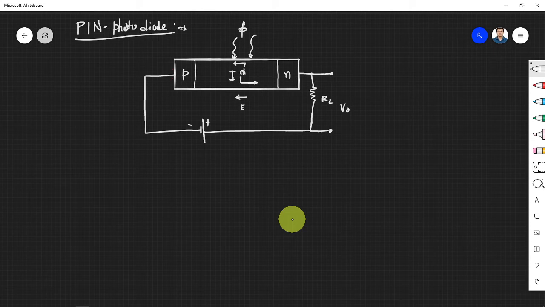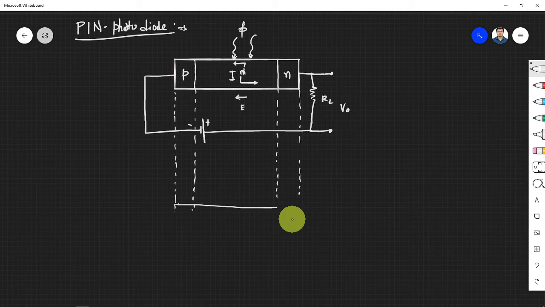So okay, let me just try to draw the electric field distribution once. So we're trying to see the electric field distribution.